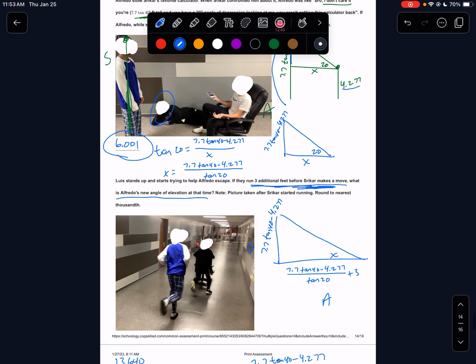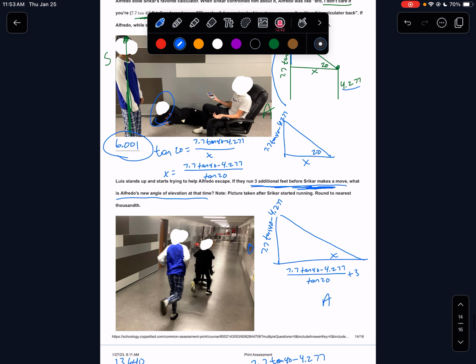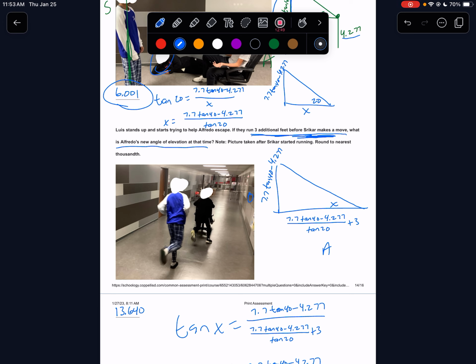That's correct. 7.7 tan 40, all that over tan 20. Add an additional 3 feet. That looks correct. So let me check how I typed it in. Oh, yep, I typed it in wrong. So that's why we got to double check things. Sorry, 7.7. Let's change that. There we go. Now I got it.